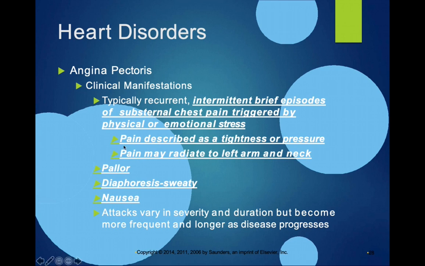There's pallor, there's diaphoresis. Remember, diaphoresis means they're sweaty and they're nauseous. The attacks can vary in severity and duration, but become more frequent and longer as the disease progresses. So it's intermittent, brief episodes of substernal chest pain that's triggered by physical or emotional stress. They have this tightness in the chest, pressure on the chest. It radiates down the left arm. They're sweaty, nauseous, and pale.